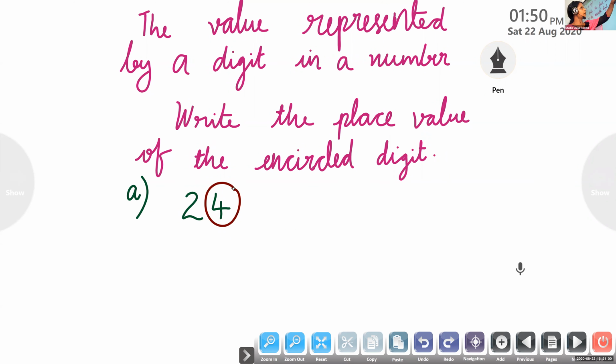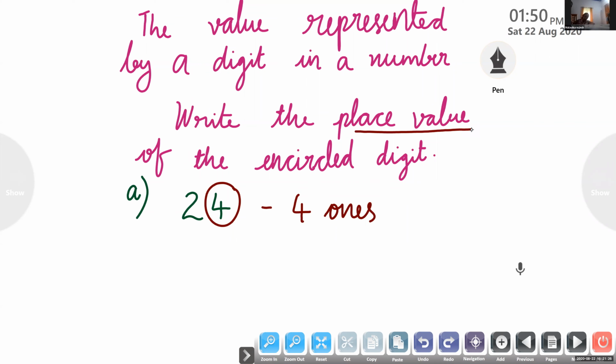Rihan Hanifa, what is the answer? What is the place value of 4 in the number 24? Ones place. 4 is in the ones place. So we can write 4 ones. If it is only place, we can write only ones. But here it is place value, so we have to write 4 ones.